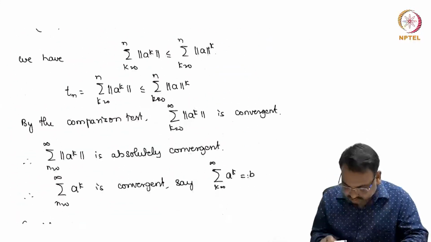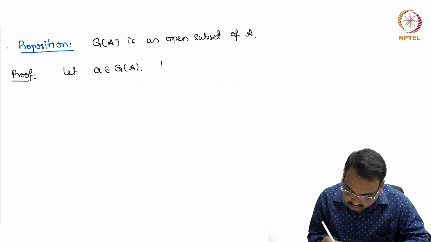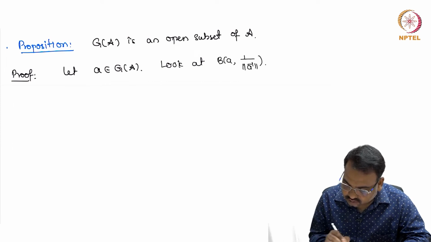So the idea is this. We have to look at the ball centered at A with radius 1 by norm A inverse.